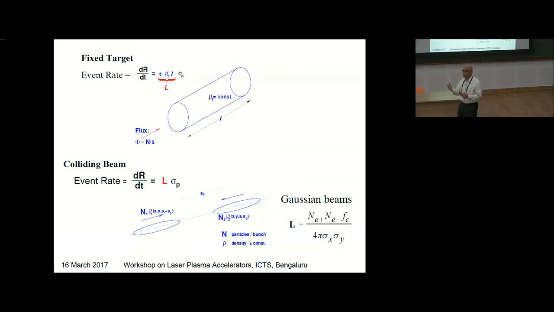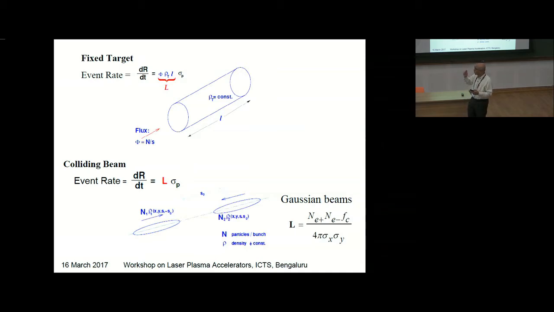They ran for several months, and they got some 3 or 4 events in 3 months of beam time. So it's an extremely rare event. That means you have to put in lots of particles and keep colliding, and then with one chance in say a billion or a trillion, they will produce the reaction of your choice, the phenomenon which you are studying. So you need to produce lots of particles.